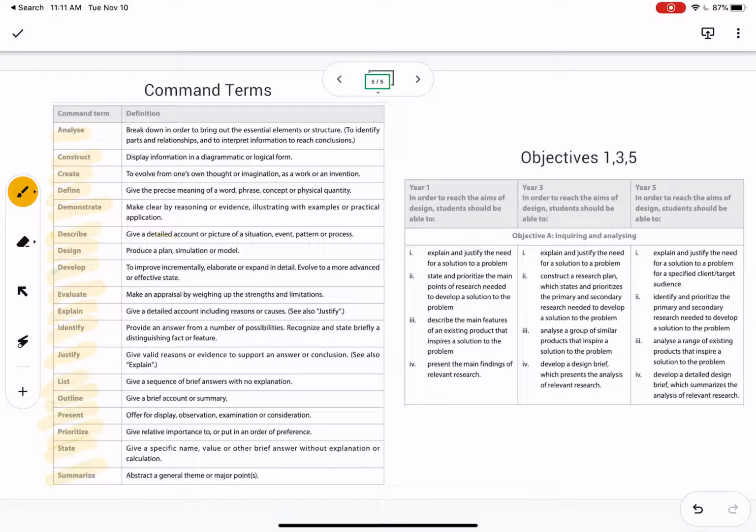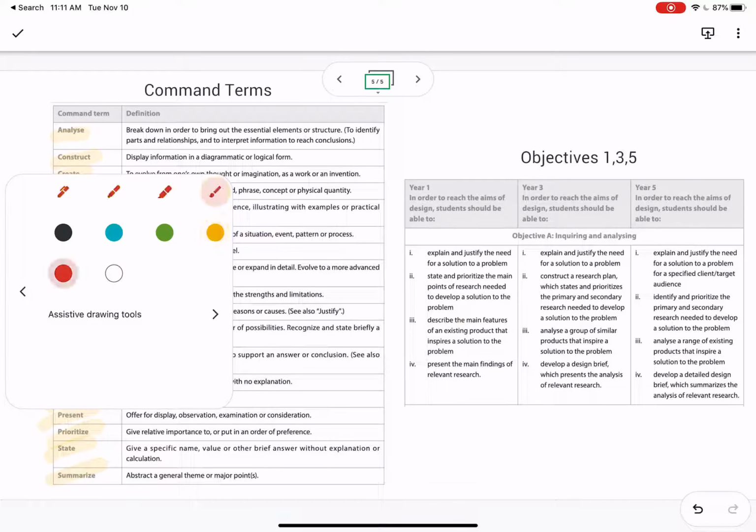These are the terms that would be used in the examinations, for example, when they get to diploma programme in 11th and 12th grade, or in their junior and senior years in high school. So those align to the objective strands in each year of the programme.